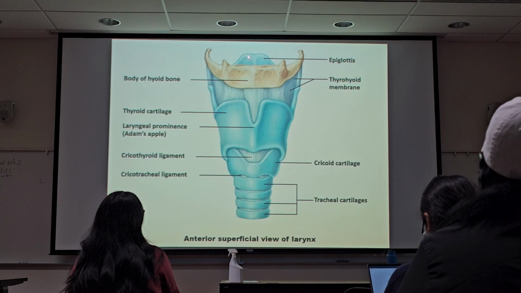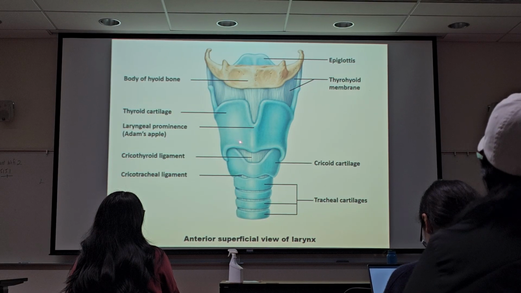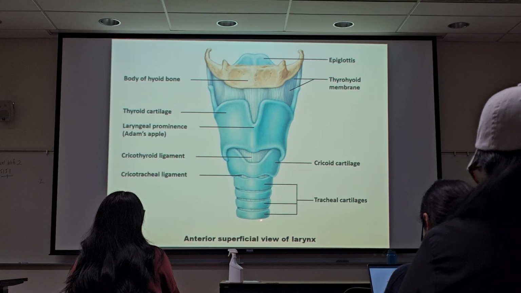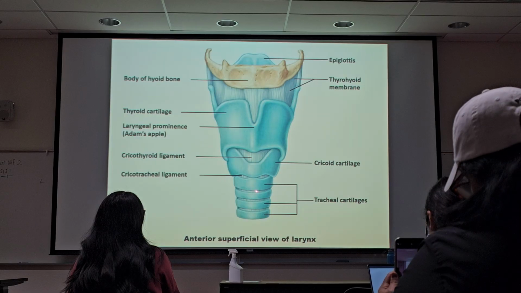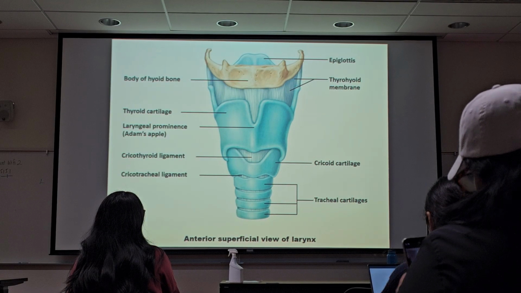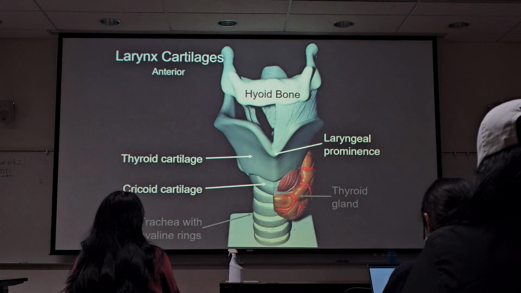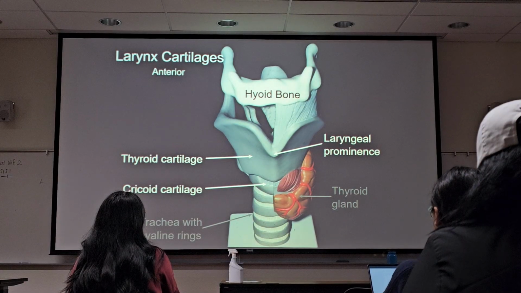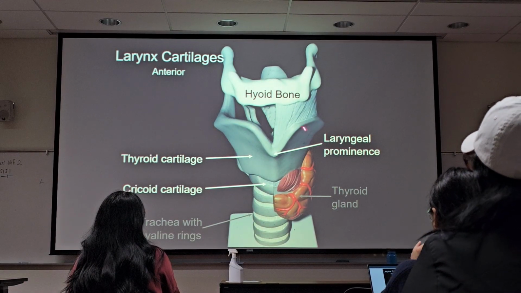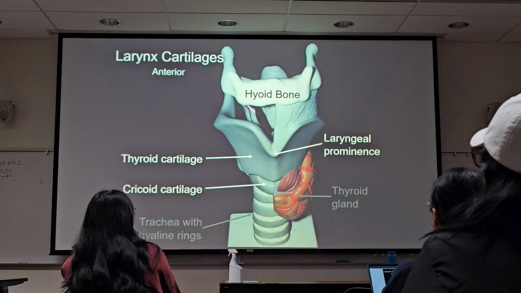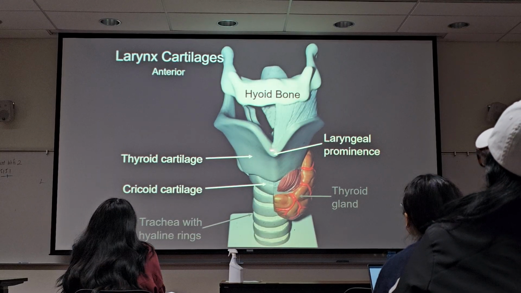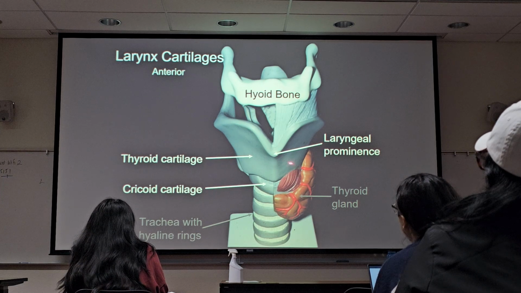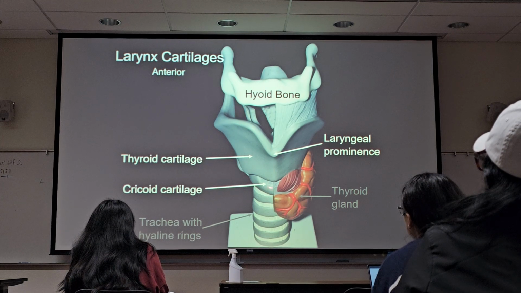You can see the epiglottis kind of sticking up. The larynx will then lead us into the trachea, where the trachea has its own cartilages as well. So this is the model that we'll see when we get to the lab. You'll see the larynx. There's the hyoid bone. There's the thyroid cartilage with the laryngeal prominence. There's the cricoid cartilage.